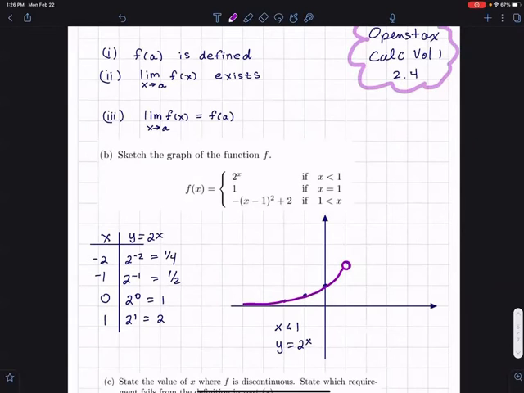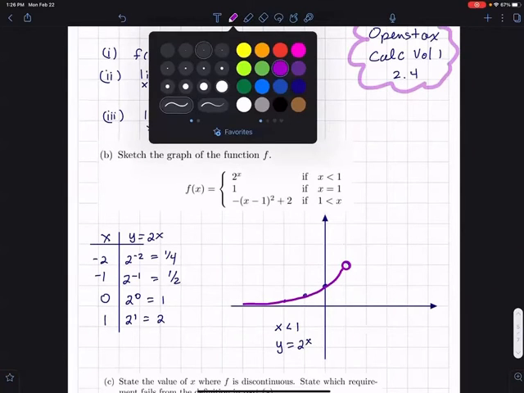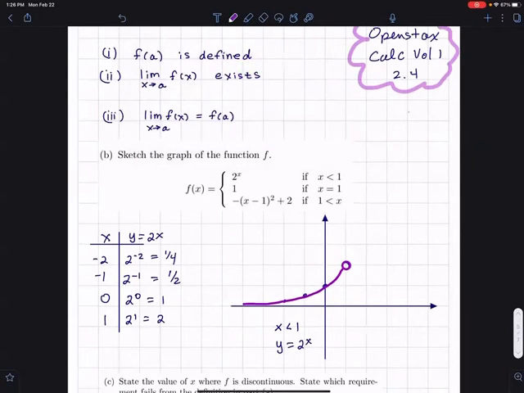Now, I need more space, but I'll just steal some space from above for y equals negative (x minus 1) squared plus 2. That is a downward facing parabola.